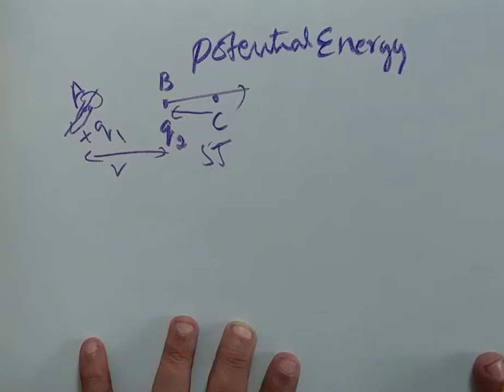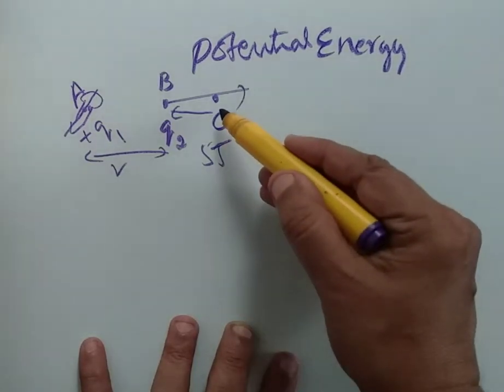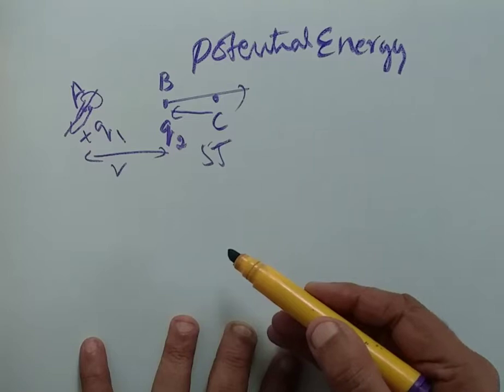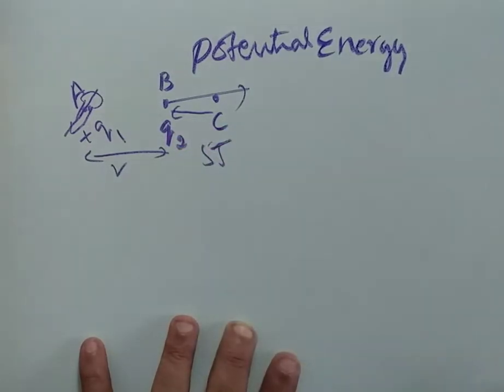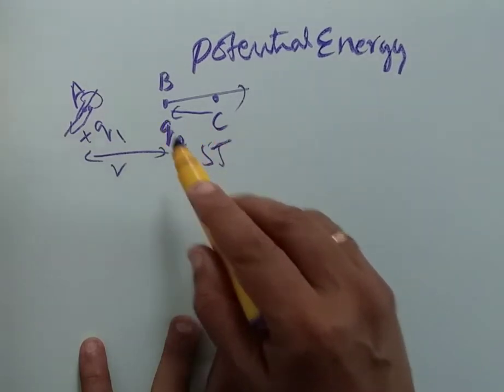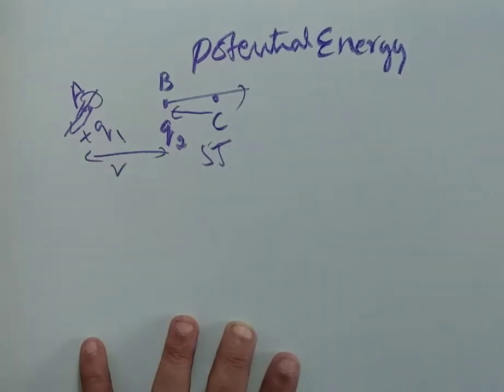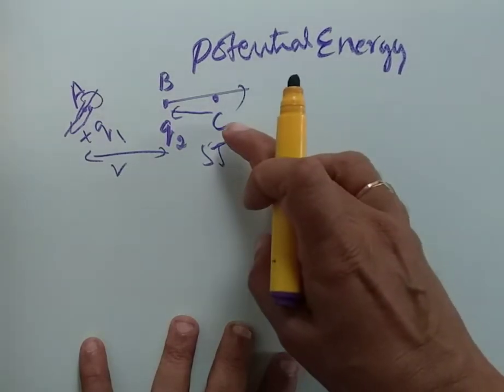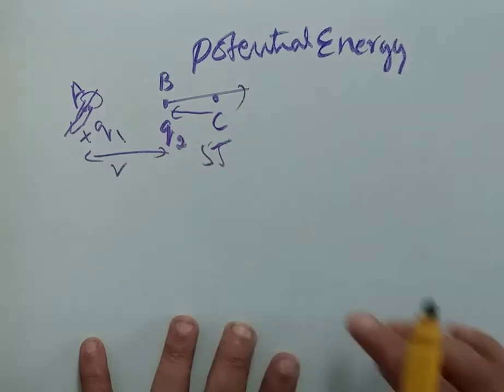It's wrong, because somebody has already done work to bring it to C. From C only we have done it. Therefore, it's not possible to measure just by bringing it from some other point to that point, because someone already did work to bring that charge to the point from where we start moving it.